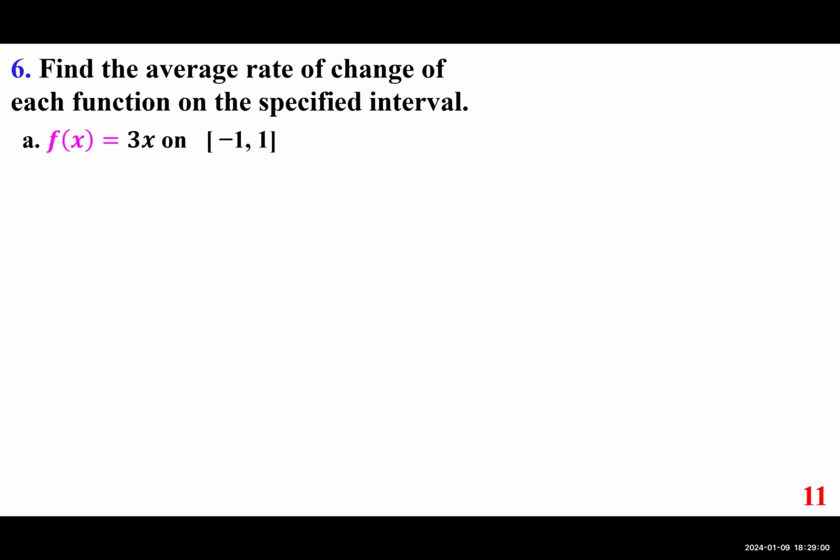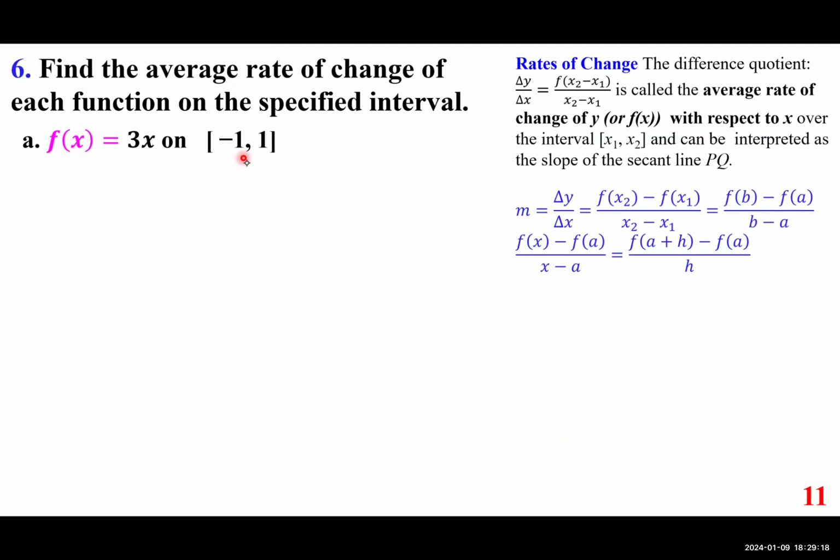Find the average rate of change of each function on the given interval. So in this case, f of x is 3x. We are given the interval of negative 1 to 1. And I remind you of the definition of average rate of change that we discussed.